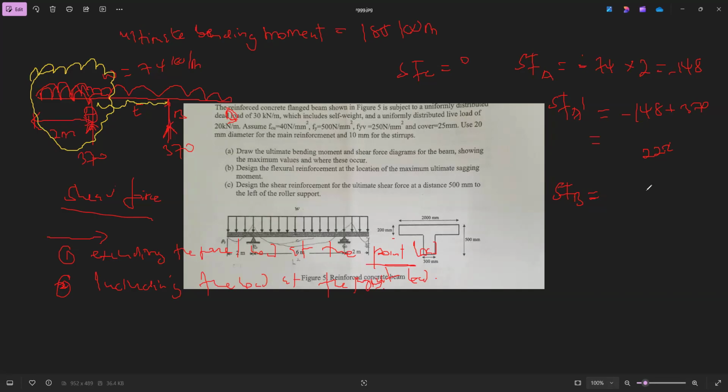So this is 222 minus 74 times the length from here to here, which is 6. So what are we having?